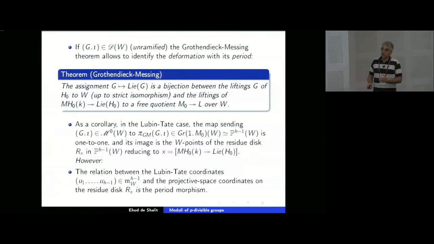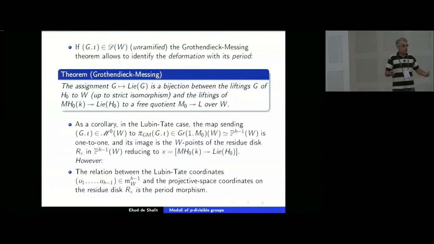You may say this is good because we knew a priori that we had the Lubin-Tate coordinates, remember u_1 up to u_{h-1}, and all the W deformations were classified by the maximal ideal in W to the power h minus 1 via these coordinates, and now they're classified via h minus 1 coordinates in a residue disk in P^{h-1}.